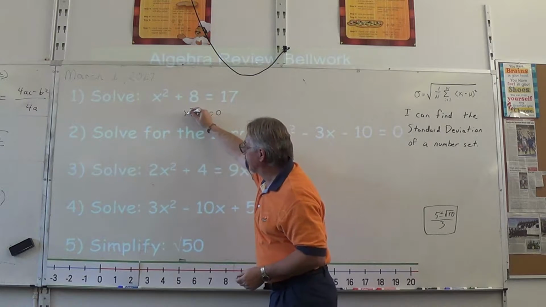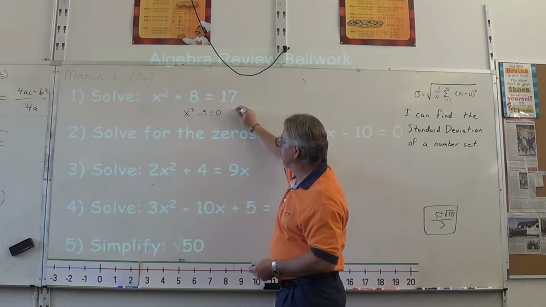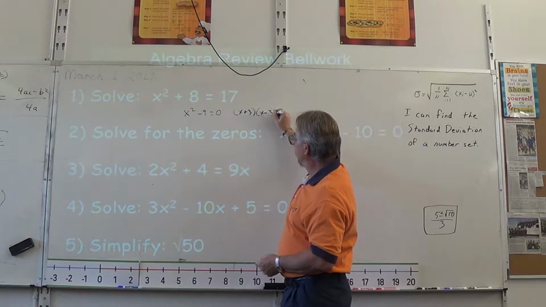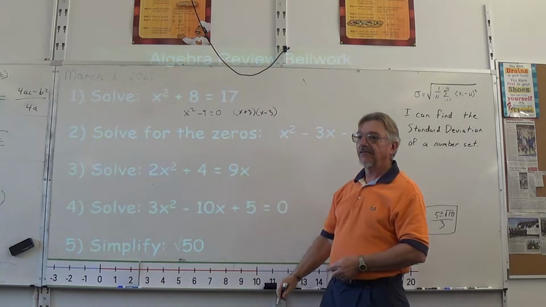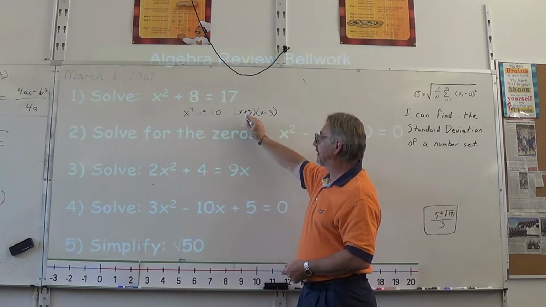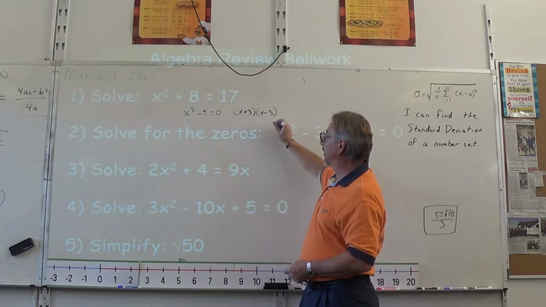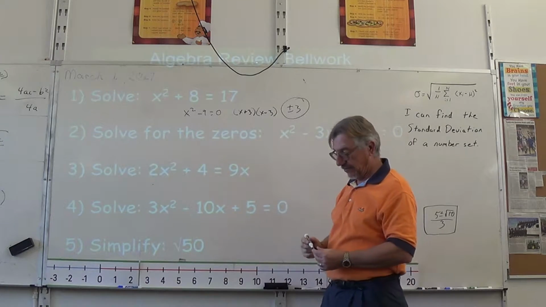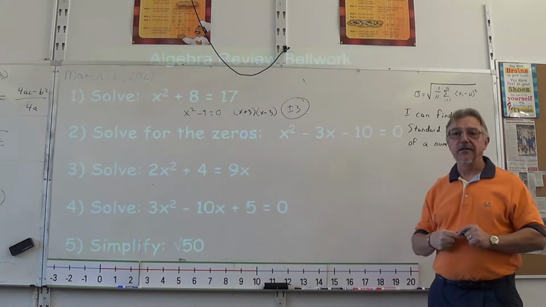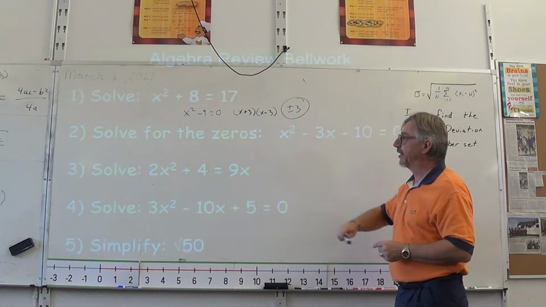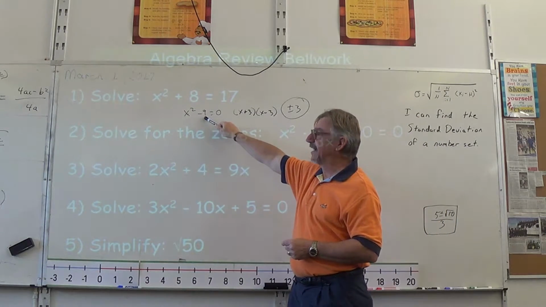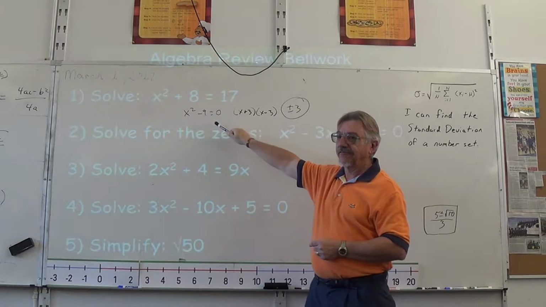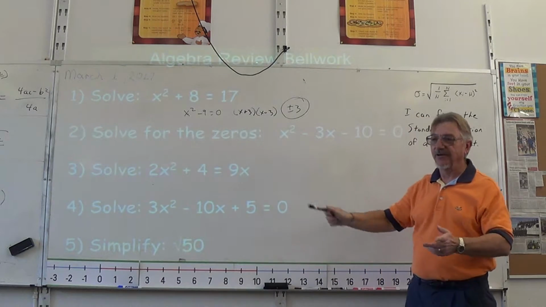And the only way we can factor this is to have x plus 3, x minus 3. And so x is equal to negative 3 and positive 3, or plus or minus 3. Remember, when you're doing a problem like this, it's not going to be x minus 3 squared. It doesn't work.